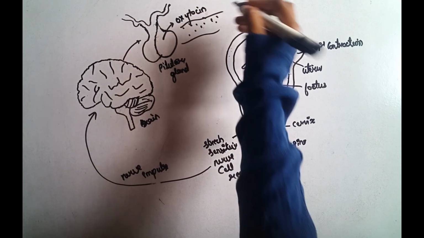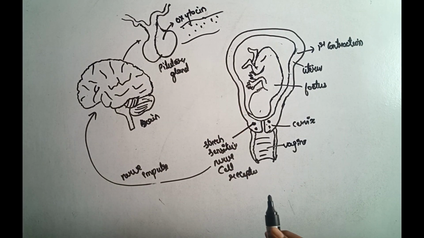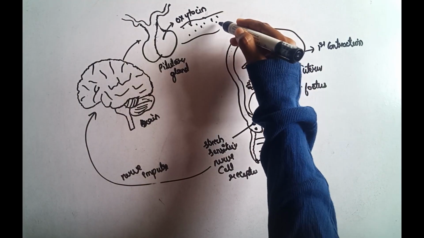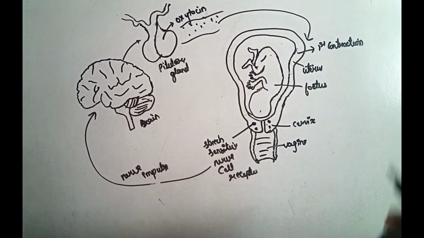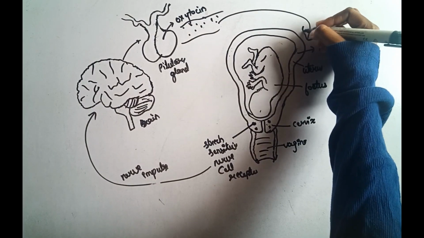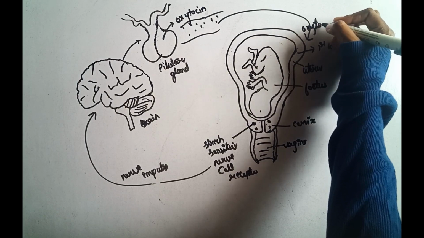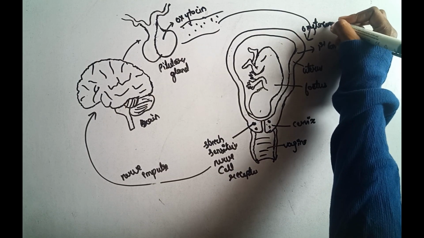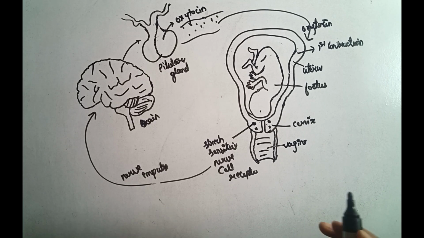Okay, so this is the blood, and oxytocin is released into this blood, and then oxytocin moves toward the uterus through the blood. And then what happens, oxytocin causes the muscles in the walls of the uterus to contract forcefully.